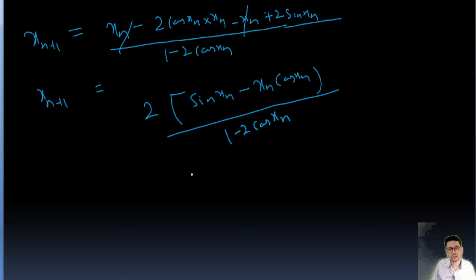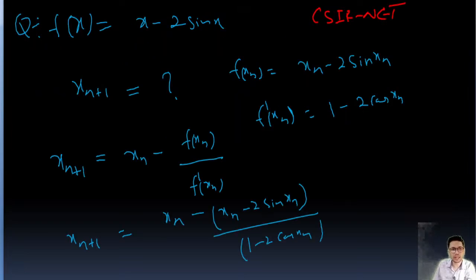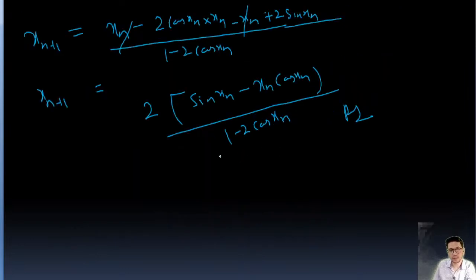This is the value of x_{n+1}, 2 sine x_n minus x_n cos x_n upon 1 minus 2 cos x_n, okay? So this is the answer, okay? So this question is also asked in CSIR NET. I haven't written the options, I have directly got the answer, okay? So this is the correct option or answer, okay?